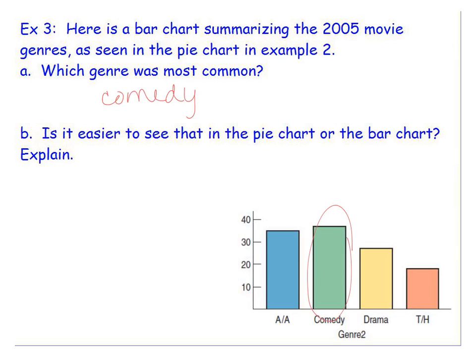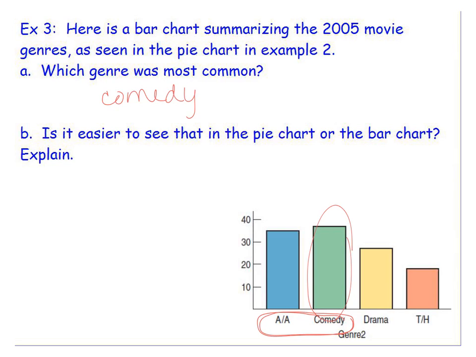Is it easier to see that in the pie chart or the bar graph? Well, go back and look at your picture for a second. If you notice, these two right here are very close in height. That's action, adventure, and comedy. Because they are so close on the pie chart, it's very hard to see which one is larger.